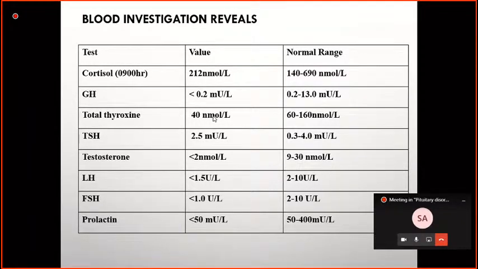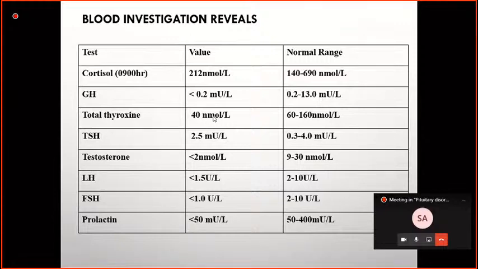So you can have this kind of pattern when you do biochemical blood investigation. It's not always low, low, low, low. You can see low and normal. It all depends on how much reserve the pituitary gland has for that particular cells, and also the timeline.